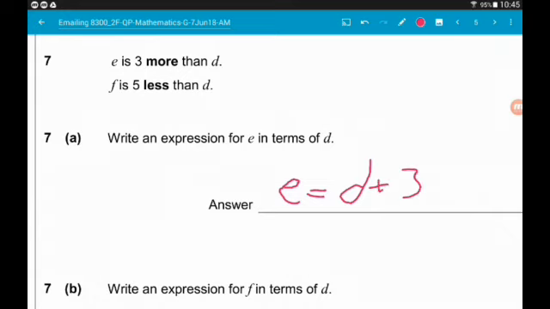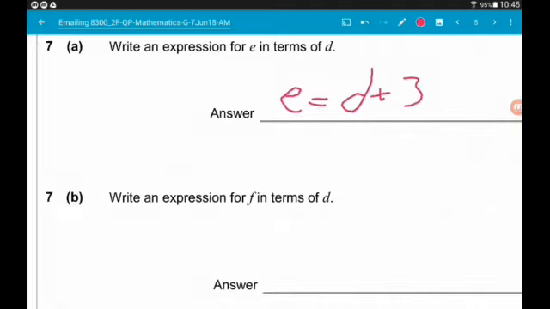Part B wants us to write an expression for F in terms of D. So, F is 5 less than D. So, F is D minus 5.